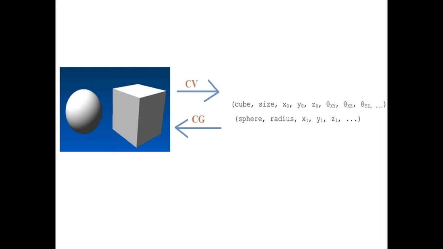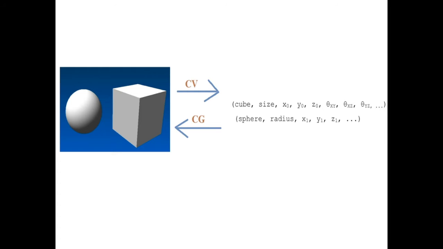What data? Some numerical data about the characteristics of a sphere or a cube, like its radius or its spherical coordinates. Some kind of numerical information is produced in computer vision. That means it is an analysis of the image.